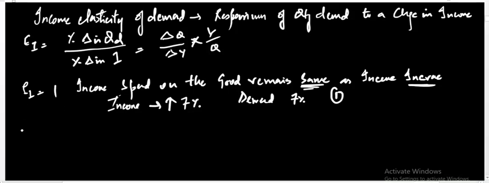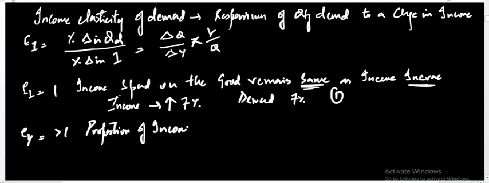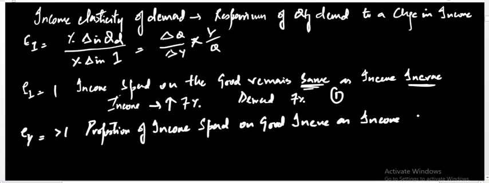The second case is where the elasticity of income is greater than 1. Now if the proportion of income spent on the good increases as income increases, then elasticity of income is going to be greater than 1.